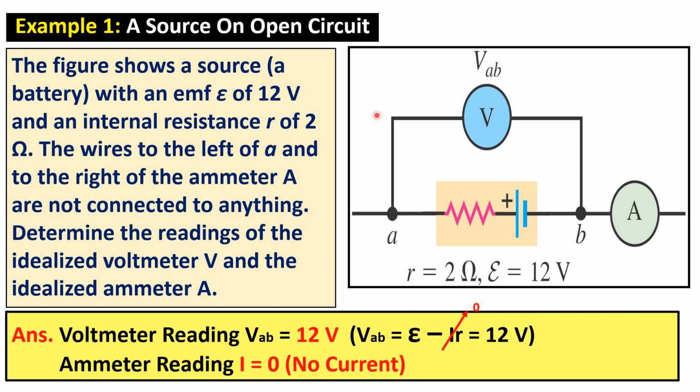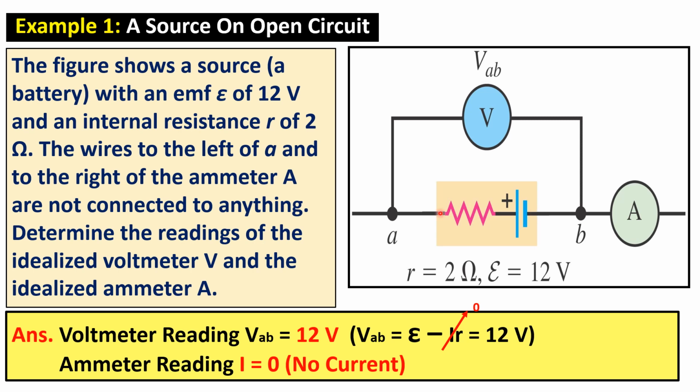So this is an example of a source in an open circuit. An open circuit simply means that there is no complete path for current to move around from the positive terminal of the battery to the negative terminal, passing through the different resistances, if there are.